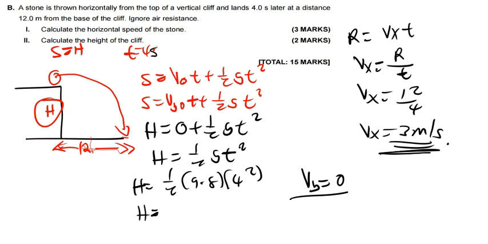So now I have 0.5 times 9.8 times 4 squared. 1 over 2 is 0.5. Don't forget to square 4. So the answer I'm getting is 78.4 meters. That is the height of the cliff. That is it for question 2.